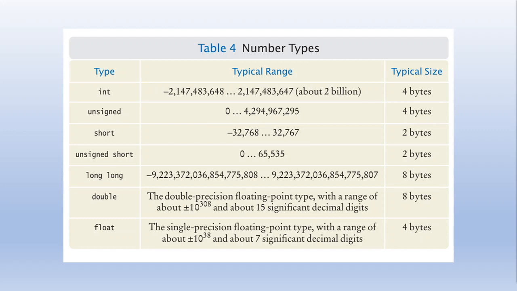In addition to the int type, C++ has integer types short, long, and long long. For each integer type, there is an unsigned equivalent. For example, the short type typically has a range from negative 32,768 all the way up to a positive 32,767.